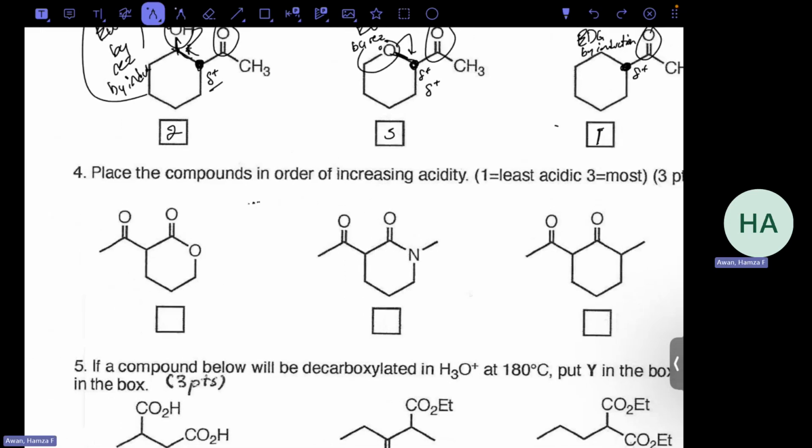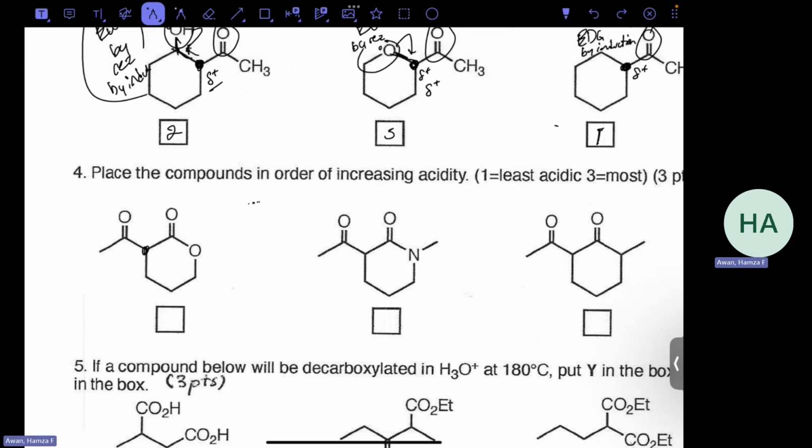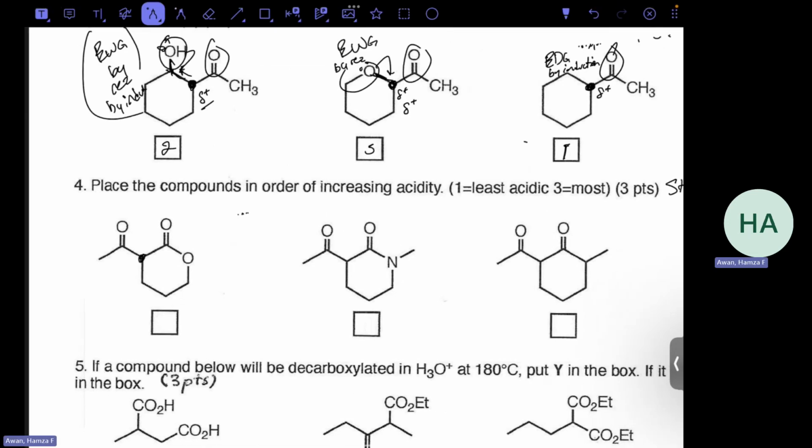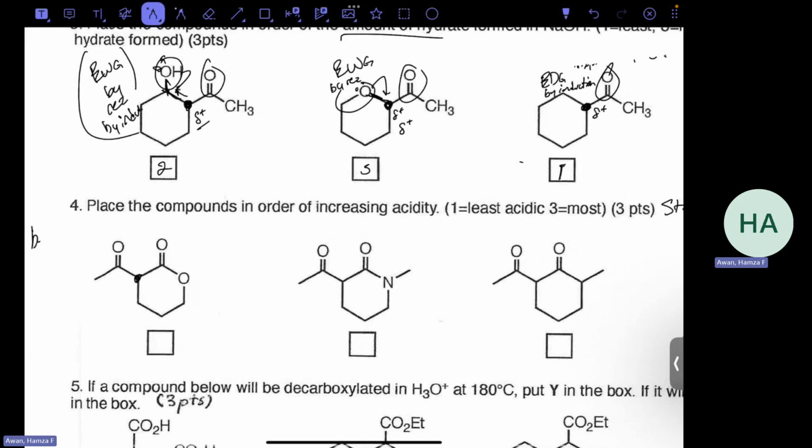Anyways, so we're going to look at the middle carbon right here, right? Whenever we have acidity, especially in this exam, one thing we really need to do is deprotonate the most acidic hydrogen, right?